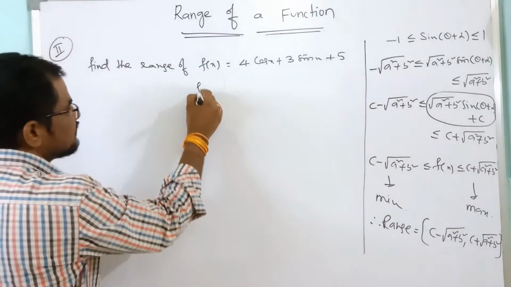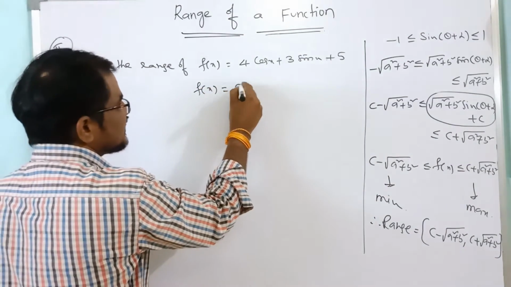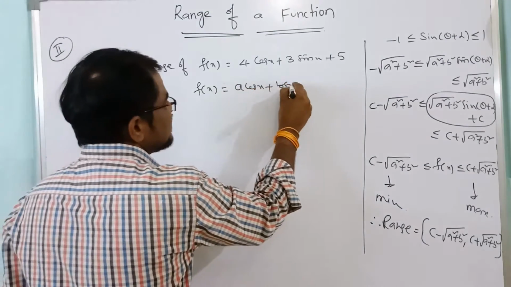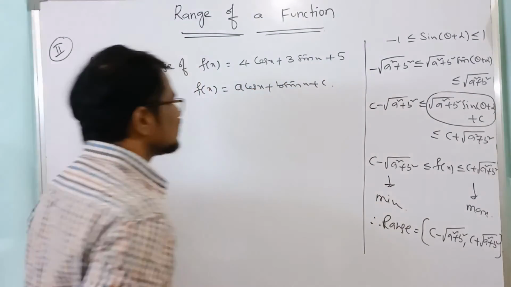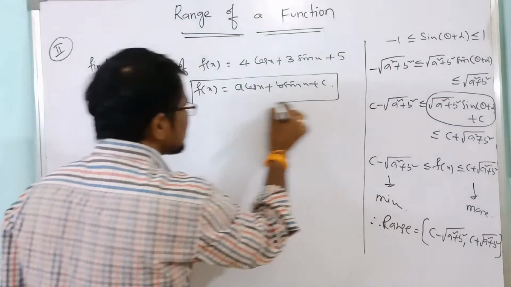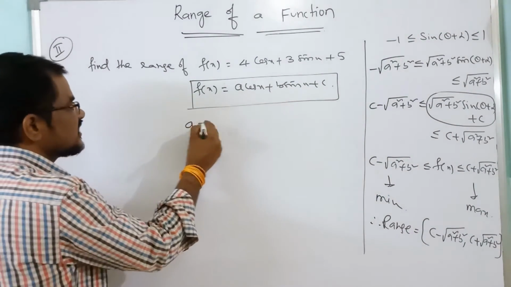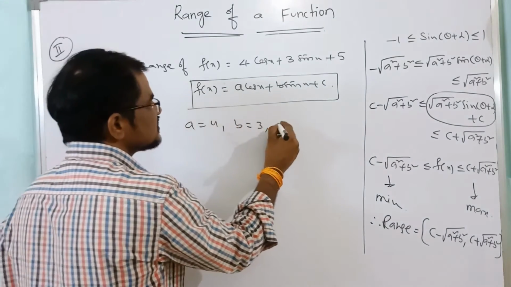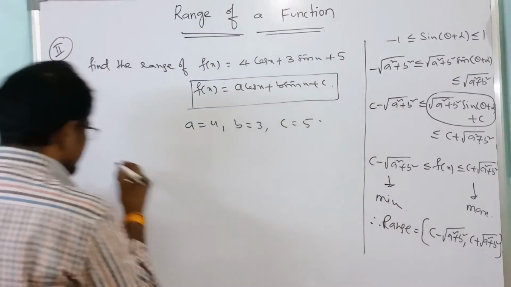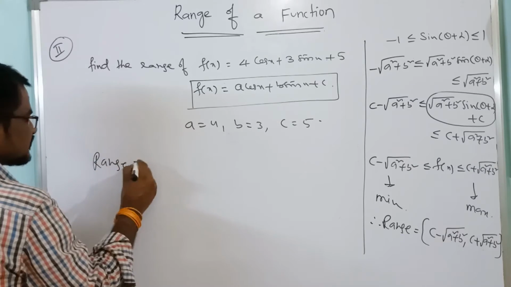So once you see it, compare with what? a cos x plus b sin x plus c. So whenever a function is in the form of a cos x plus b sin x plus c, here a equal to 4, b equal to 3, c equal to 5. What is the range of that function?